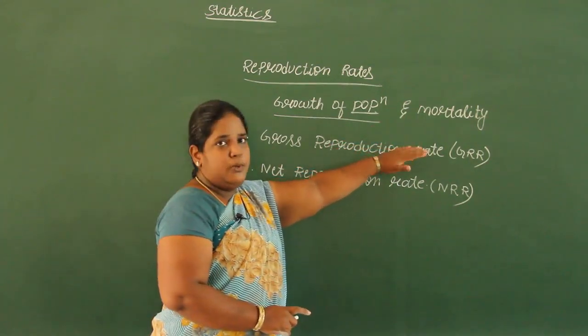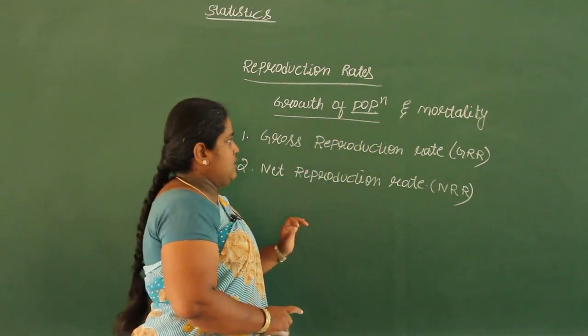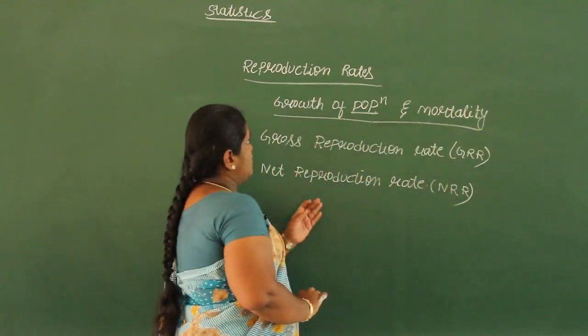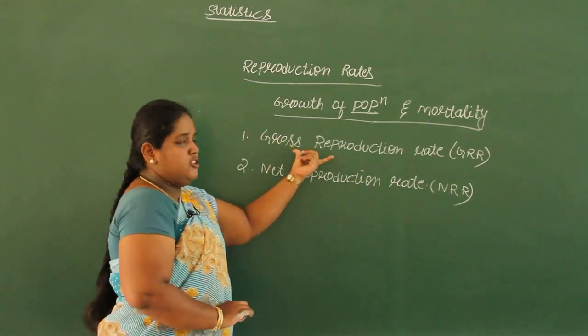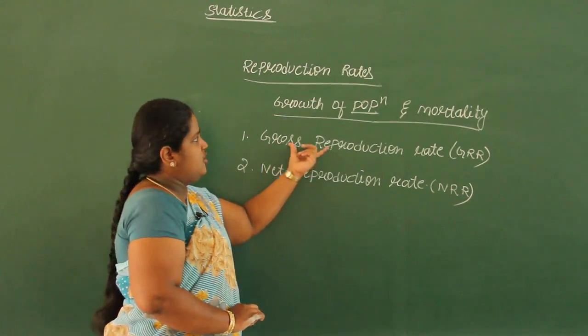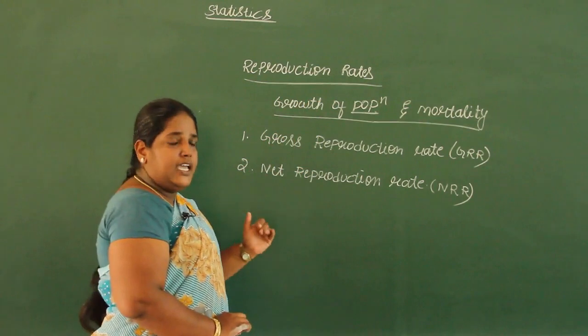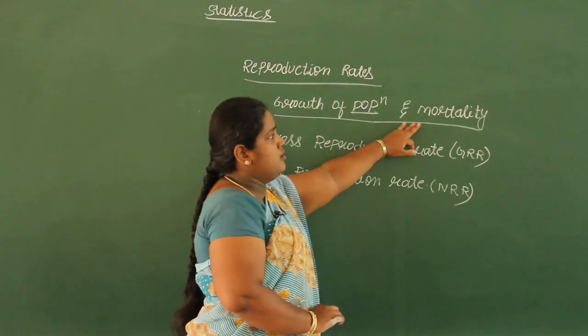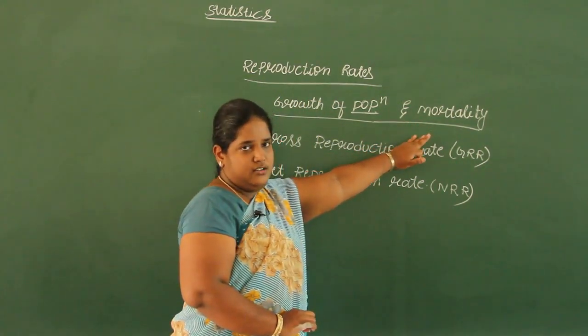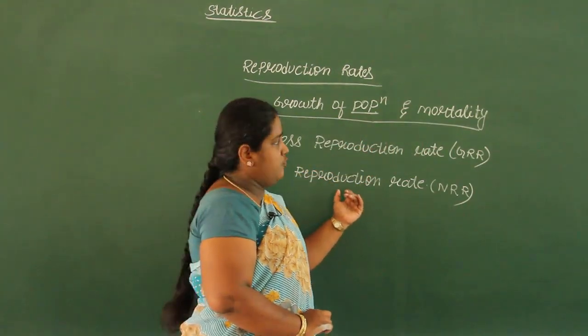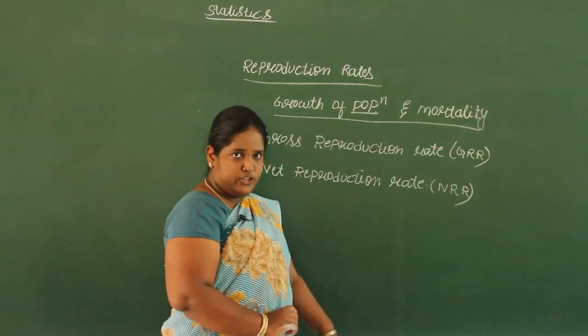That we were assuming in all the fertility rates. Because of this drawback, we are now studying the reproduction rate. In the first method, gross reproduction rate, we study only the growth of the population. Again in this, we are assuming that mortality is not there. So the females who reach the age group 15 survive up to 49.